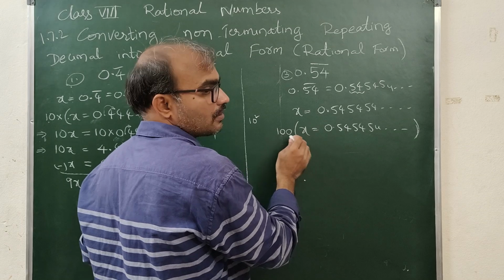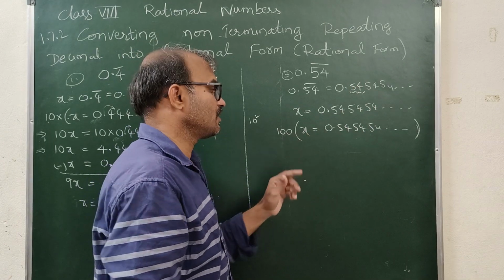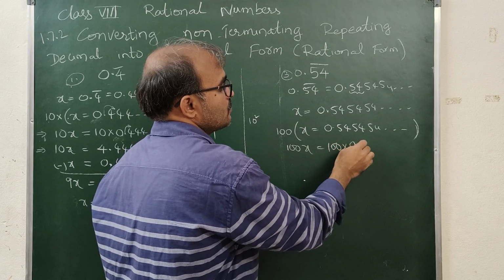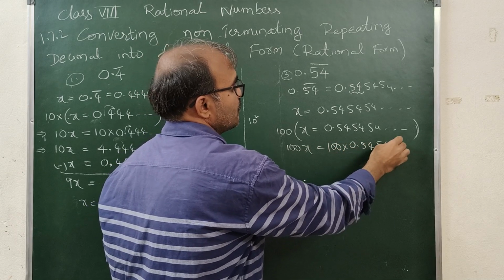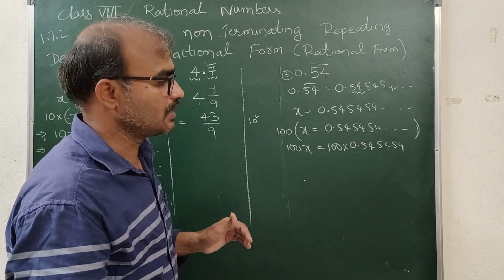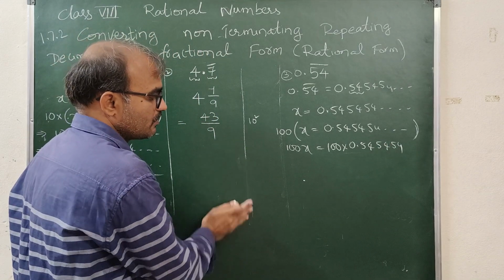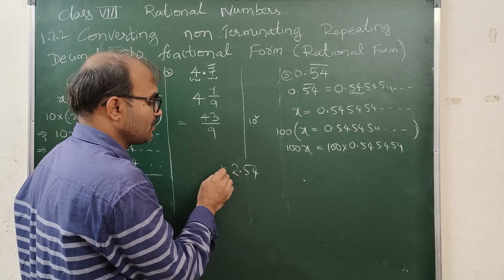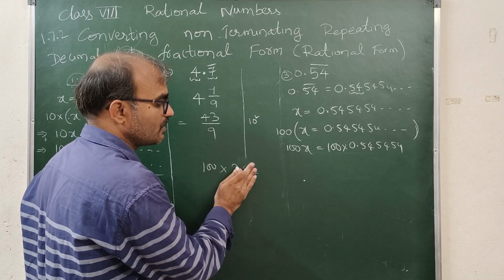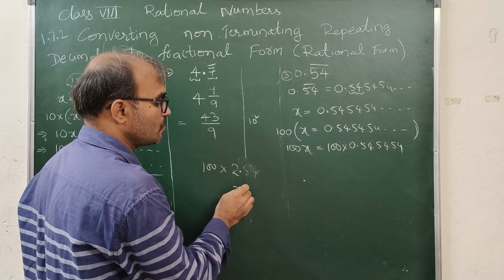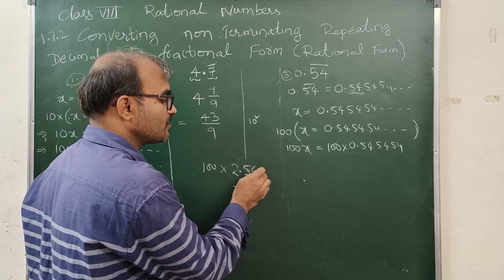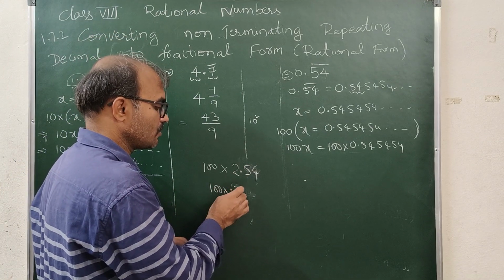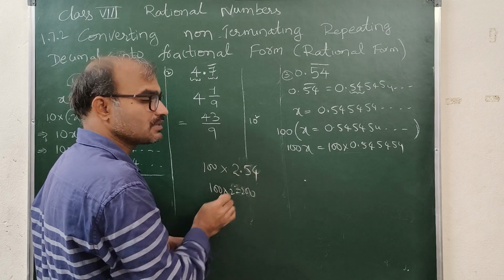So multiply the left hand side and right hand side of the equation. Therefore 100x is equal to 100 into 0.545454. As we discussed just now, if 2.54 is multiplied by 100, what does this number represent?